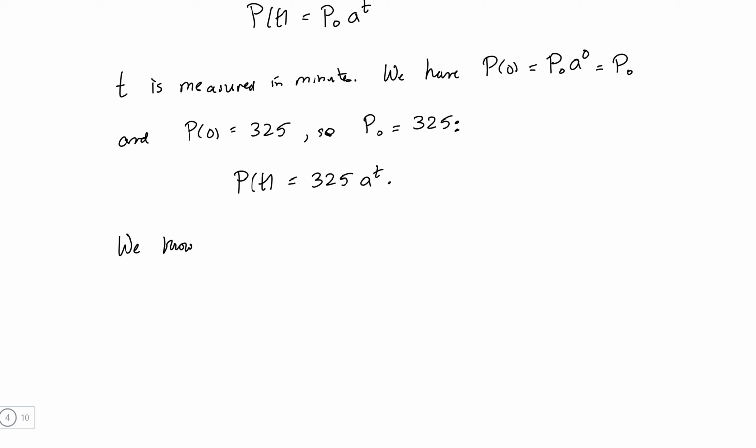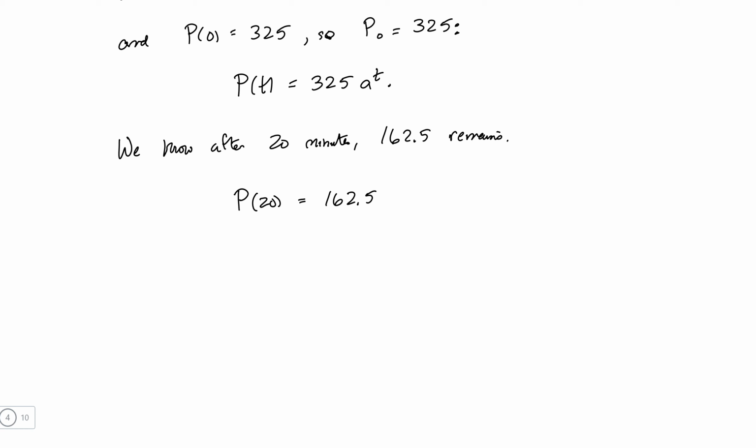So we know after 20 minutes, 162.5 remains. So in terms of our equation, that means p of 20 should be 162.5. So combining that, I have 162.5 is equal to p of 20, which is 325 a raised to the 20.